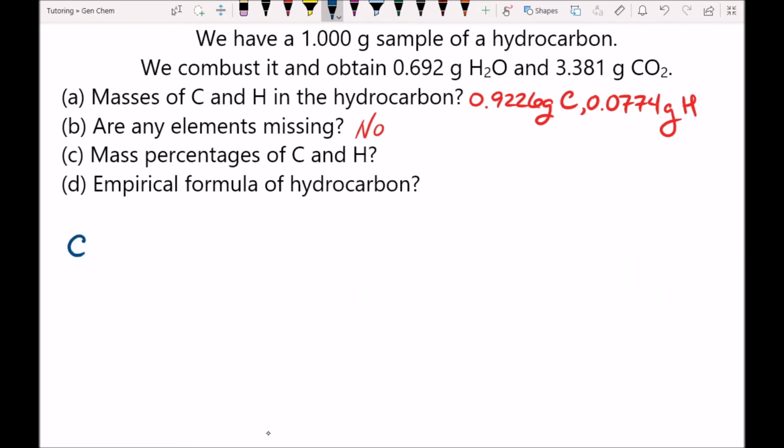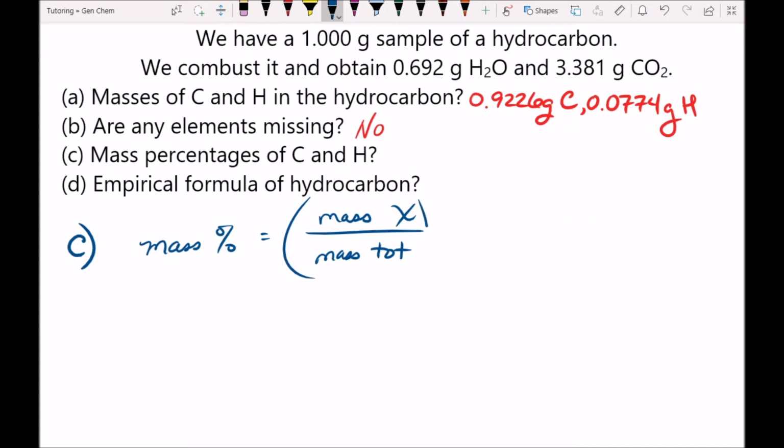Part C, we want the mass percentages of carbon and hydrogen. And our general formula for mass percentage is the mass of one component over the mass total for the compound multiplied by 100% to move it from a decimal form to a percent form.